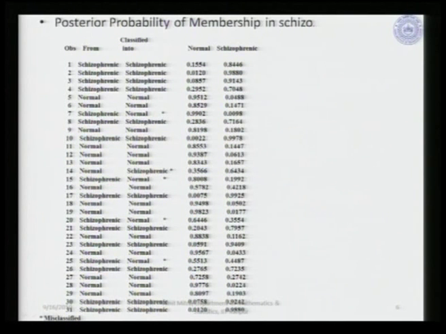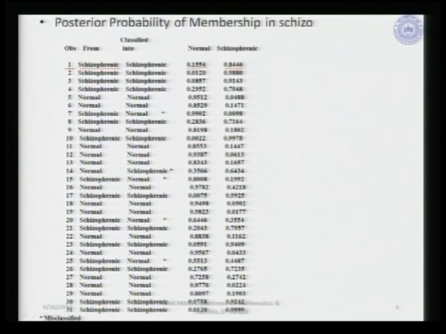So, schizophrenic was a class which was having the class membership as 1. These are the observations, these are the observation numbers, and observation number 1 is coming from the class schizophrenic. It has got the posterior probability of being in the schizophrenic population as 0.84, and the posterior probability of a normal individual population is 0.15.